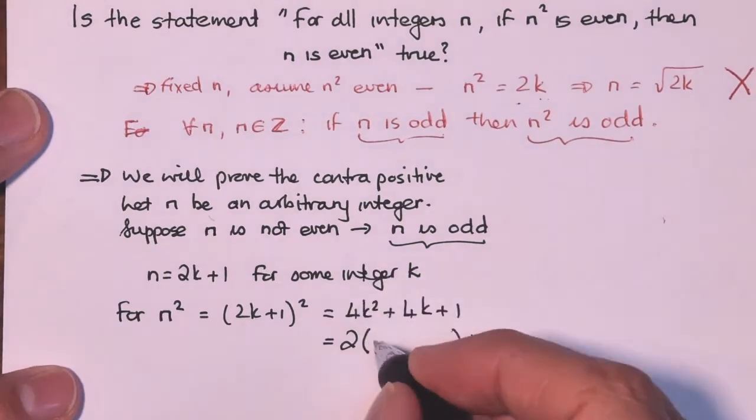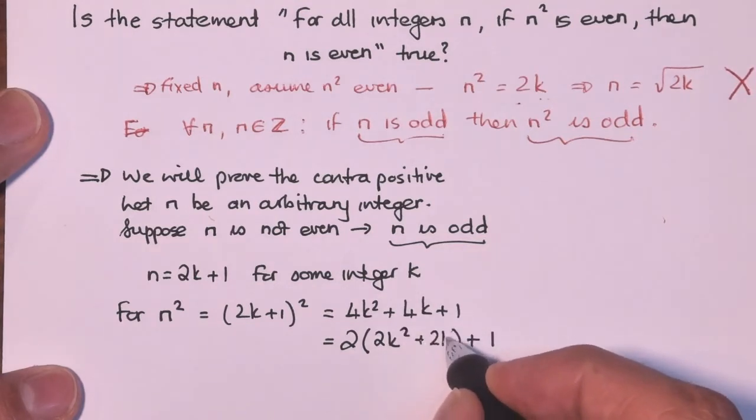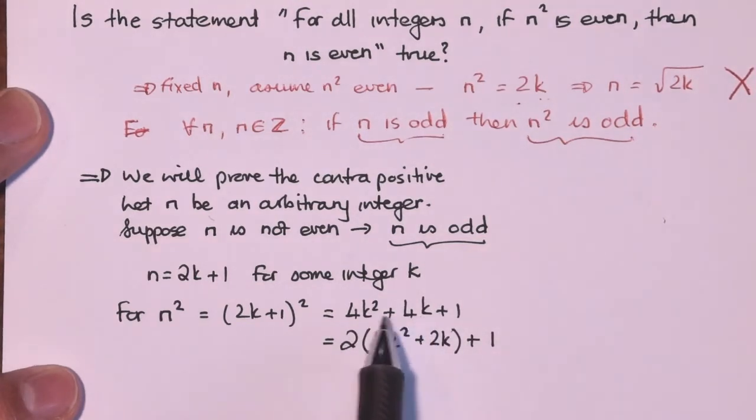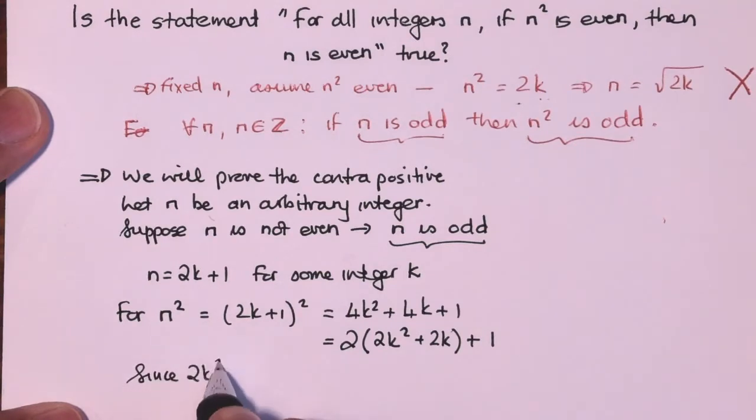Okay, so what is this? This is 2k squared plus 2k that remains behind once we've removed the common 2 there. Okay, now what does this mean? Well, since 2k squared plus 2k is an integer, what does it tell us?